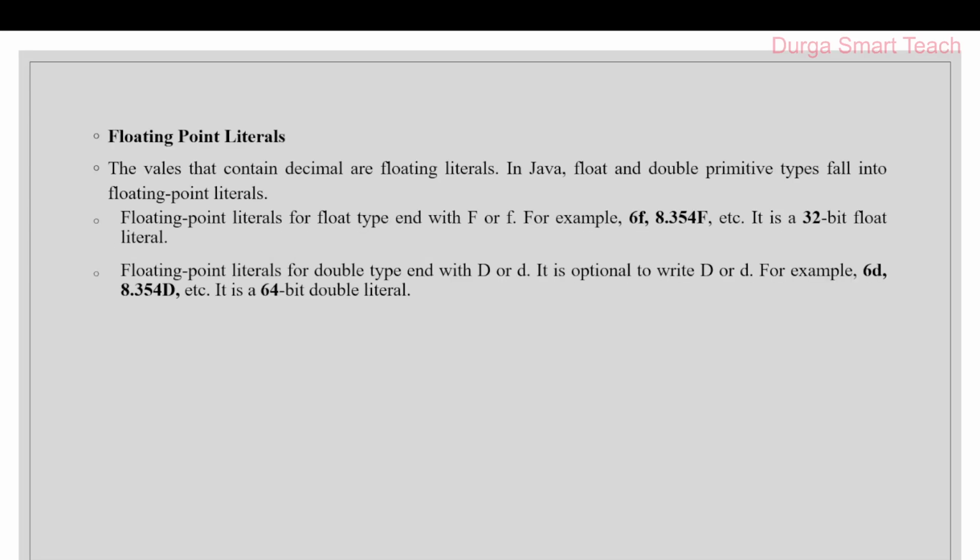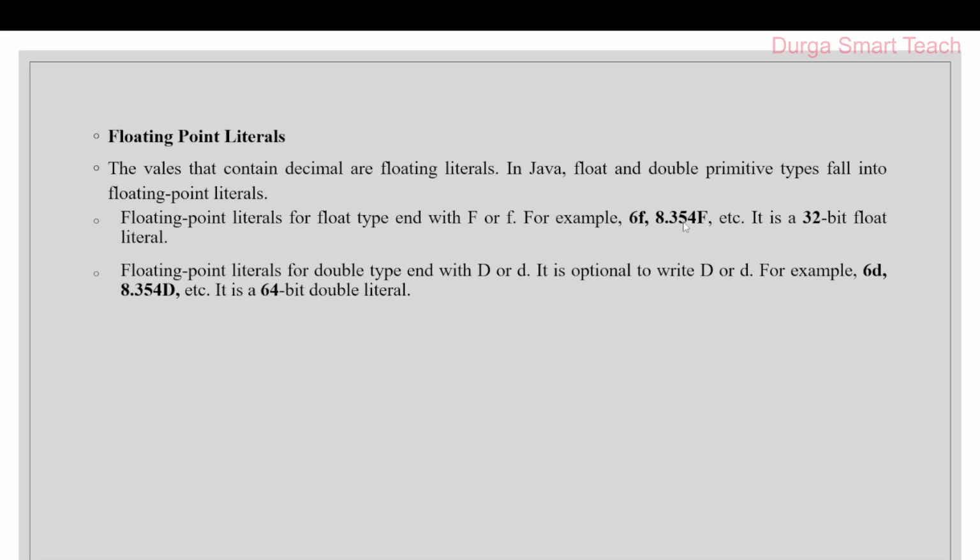The next one is floating point literal. The main difference between integer and floating point is that an integer accepts whole numbers, either positive or negative. Float accepts positive and negative numbers, but which contain a decimal part, which contain precision. The floating point literal for float type ends with f.